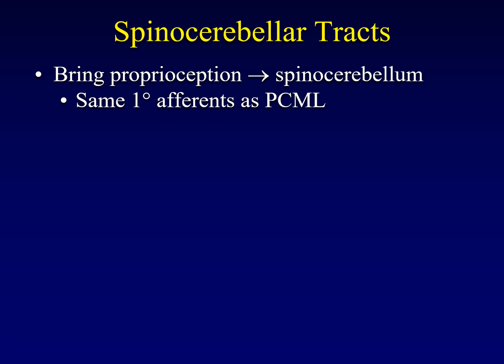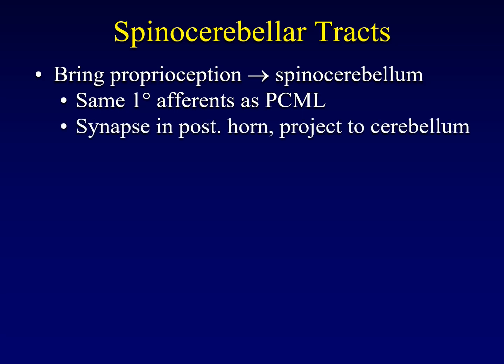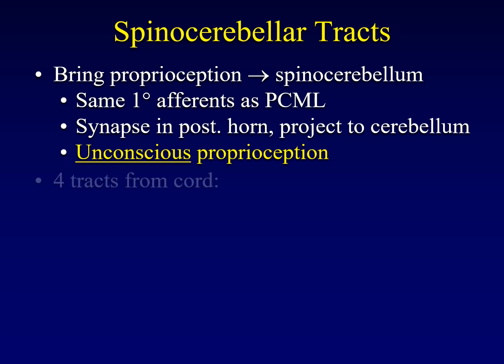Those primary afferents branch in the posterior horn and synapse, giving rise to new tracts separate from the PCML that project to the cerebellum. This is proprioception in exactly the same way as it is in PCML, with the one critical distinction that PCML is taking that information to the cortex for conscious perception. The spinocerebellar tracts are taking it to the cerebellum, and therefore this is unconscious proprioception.